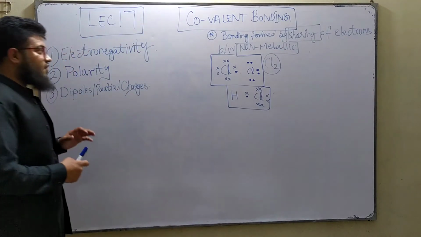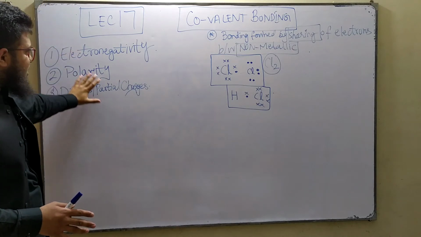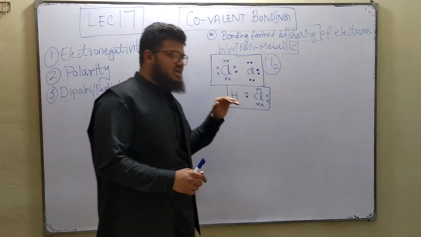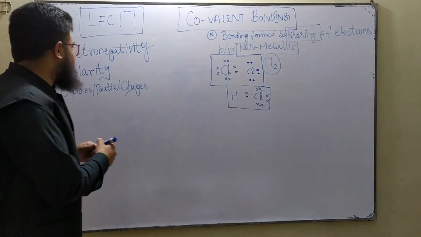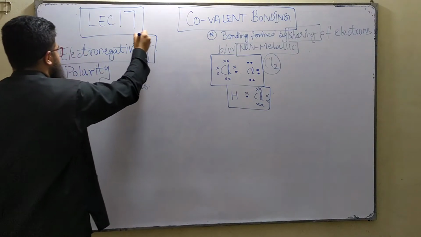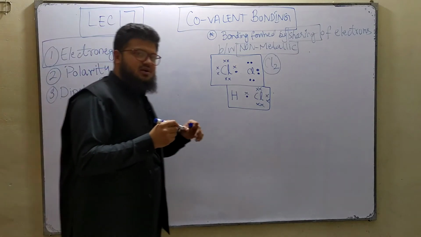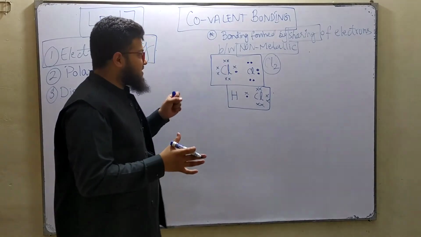Now before we move on into further details of covalent bonding, a very important concept of electronegativity needs to be discussed first. So let's move on to electronegativity. Alright, so what is electronegativity? Electronegativity by definition is an ability of an atom to pull a bonded electron density towards itself.